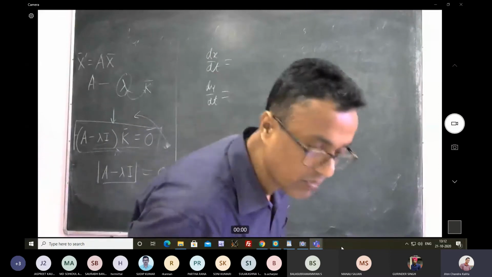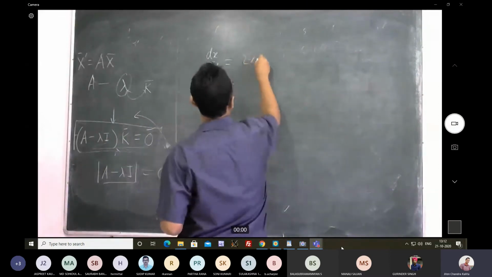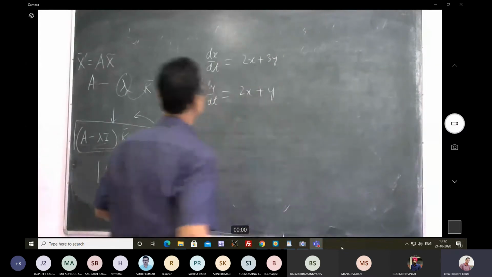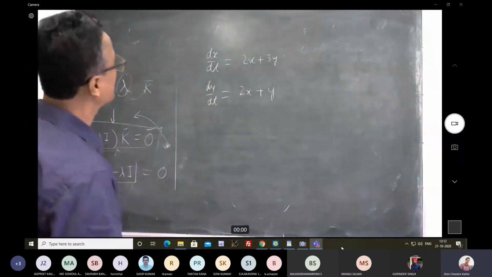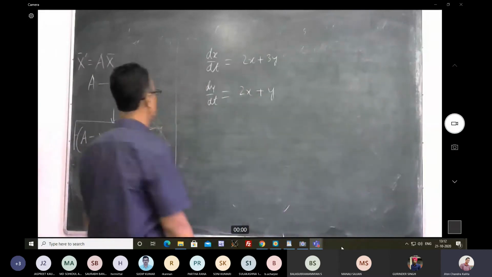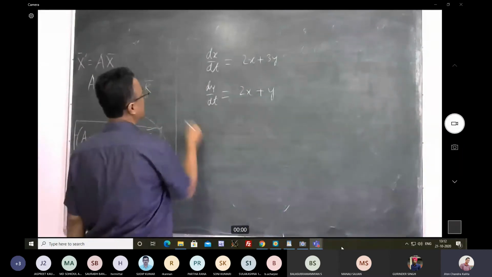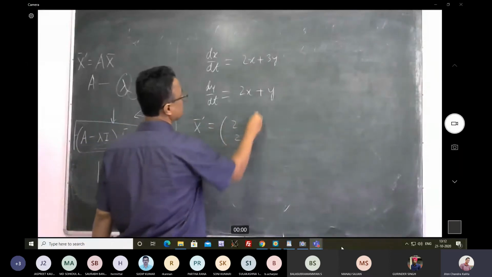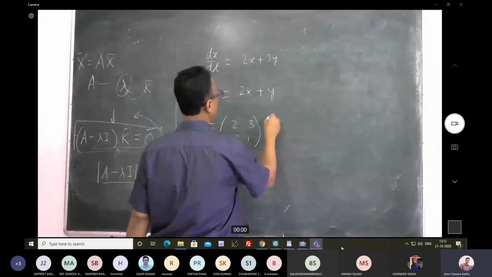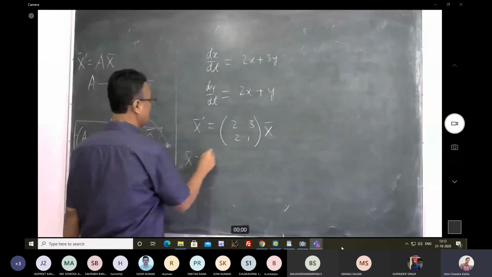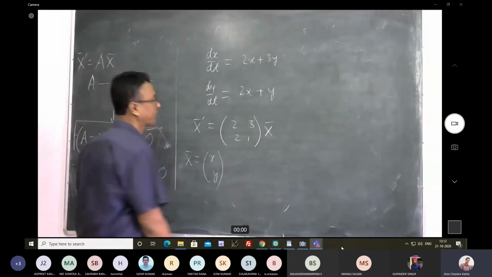Okay. So now let me take 2x plus 3y. Very simple example. Let me try to solve this system of homogeneous equations. So what is going to happen? This is simply going to be the matrix with rows 2, 3 and 2, 1 times x.